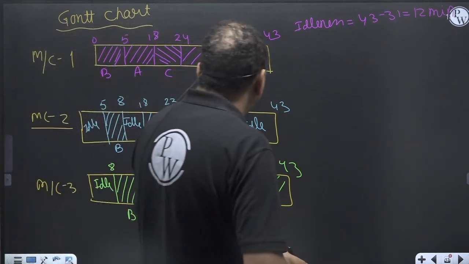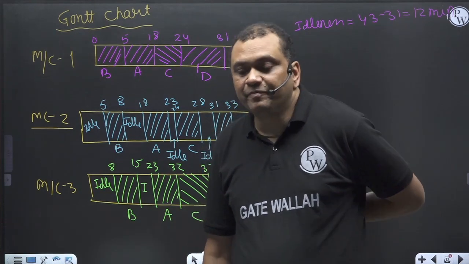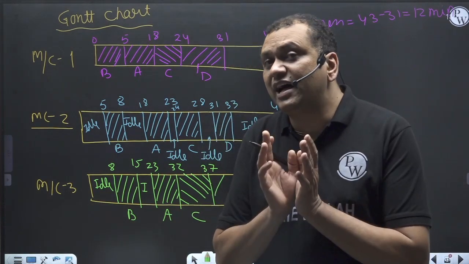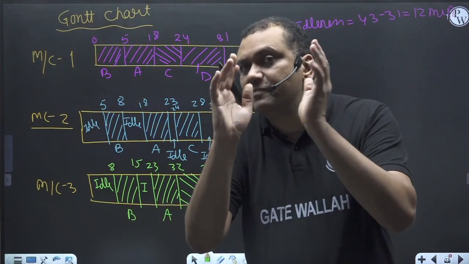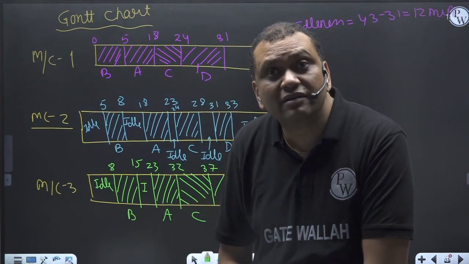So here Gantt chart, you should know how the Gantt chart looks like, and if the number of machines are more than 2, you have to be a bit careful about the Gantt chart.